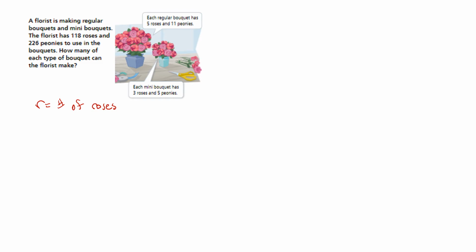No, except we're looking for how many types of each bouquet. So we're not actually looking at number of roses here. We're looking at number of types of bouquet. So we need regular. So R is the number of regular, and M will be the number of mini. So not roses. It's the number of regular.